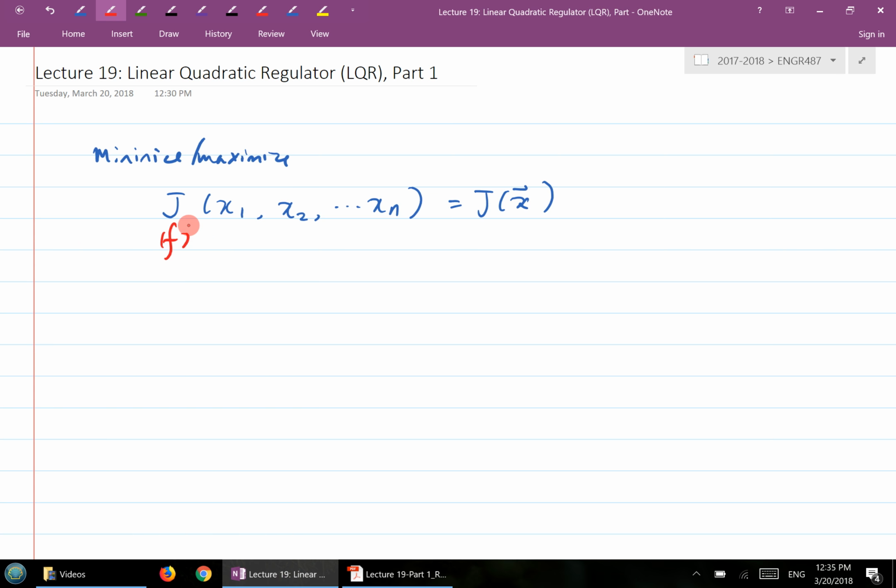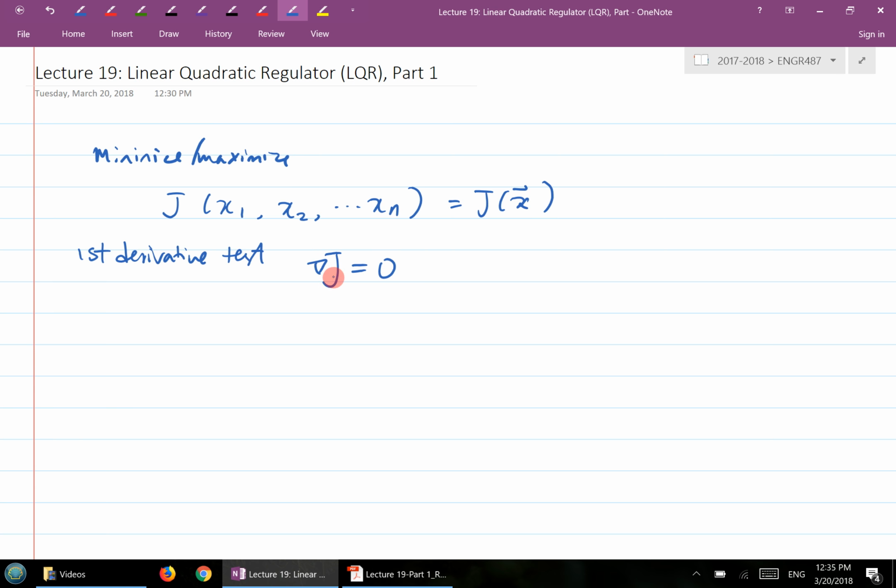The first derivative test is that the gradient equals 0.